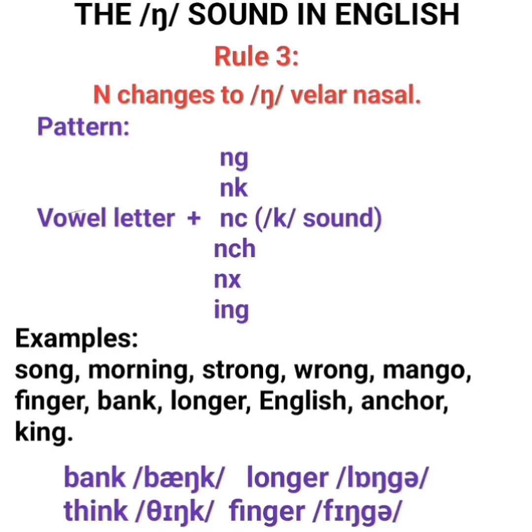So NCH, NX, ING. Whenever we have any of these letter combinations, the N there will give the velar nasal sound. For instance, song, morning, strong, wrong, mango, finger, bank, long, English, anchor, king.